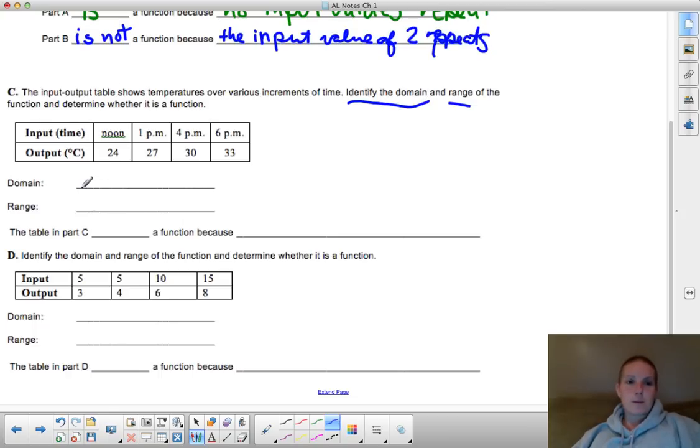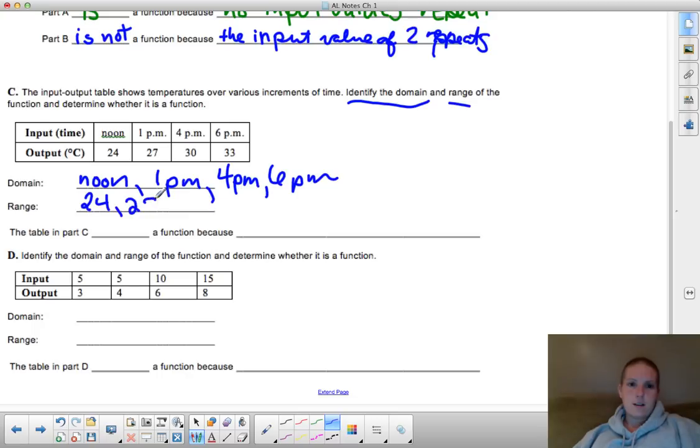So in this problem, our domain, our inputs, we had an input value at noon, at 1 p.m., at 4 p.m., and also at 6 p.m. Our range values are 24, 27, 30, and 33.